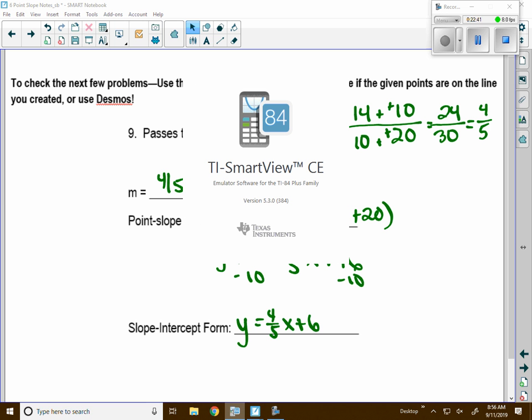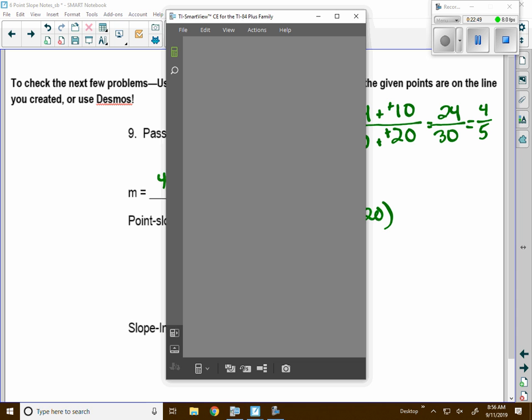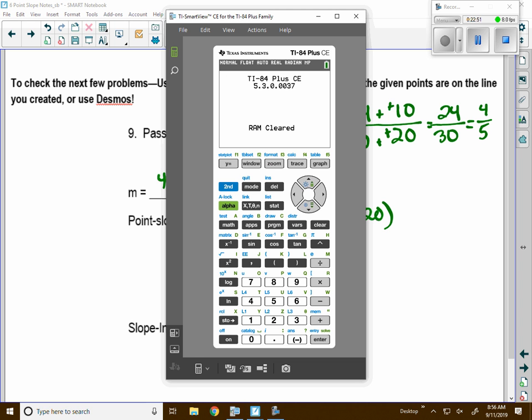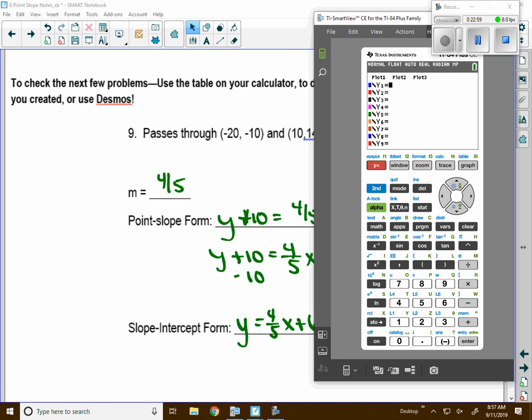So if you have an 83, 84, this is going to be for you. Go ahead and locate that Y equals button in the top left-hand corner. You're going to touch that one. Okay, and we're going to put in our equation.